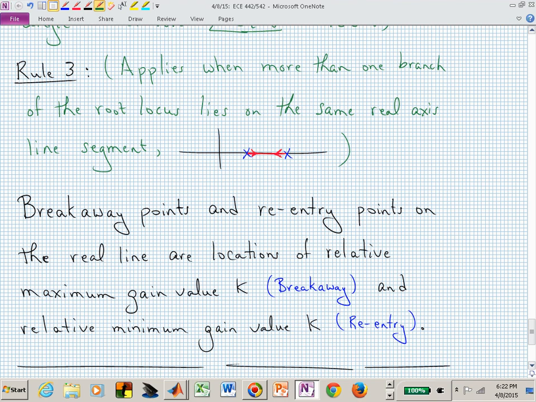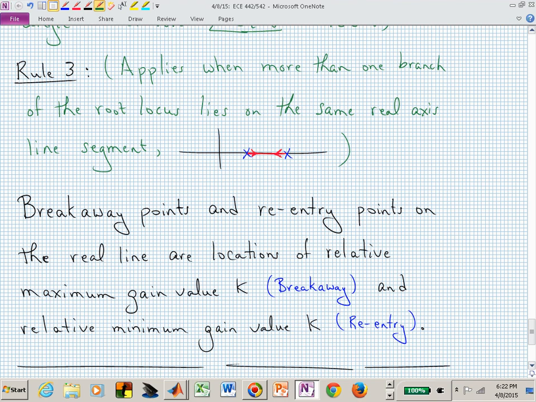This will make more sense as we play with some examples. But that's rule number 3, breakaway and re-entry. And we don't have to have those in pairs. We could have breakaways and no re-entry. We could have re-entry and no breakaway. Or we could have breakaway and re-entry.